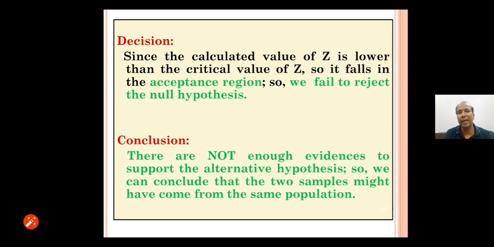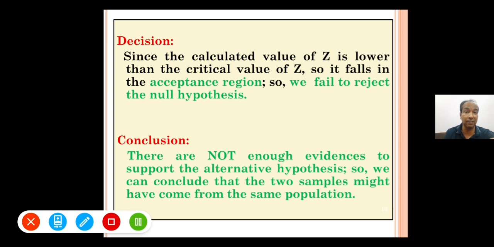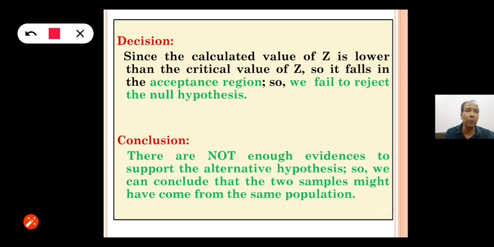And how can we write the conclusion? We can write that there are not enough evidences to support the alternative hypothesis.